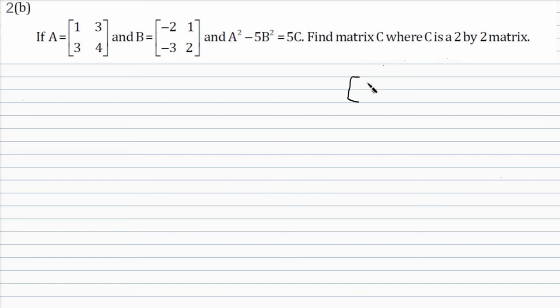So suppose the first matrix is A, B, C, D, and we are multiplying it with another 2 by 2 matrix, that is P, Q, R, S. So remember, while multiplying matrices, we always multiply the rows of the first matrix into the columns of the second matrix.